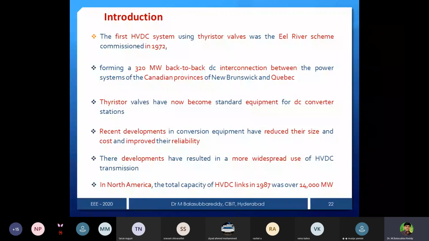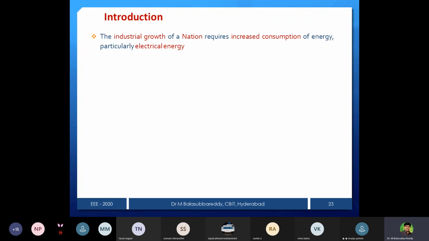So now we can observe that is the advantage. Even in 1987 itself, in America they used this much power transmission capability. But later on in India also, I showed you one of the slides. In many places they used even 800 kV transmission lines in India. So this is the impact in HVDC transmission.